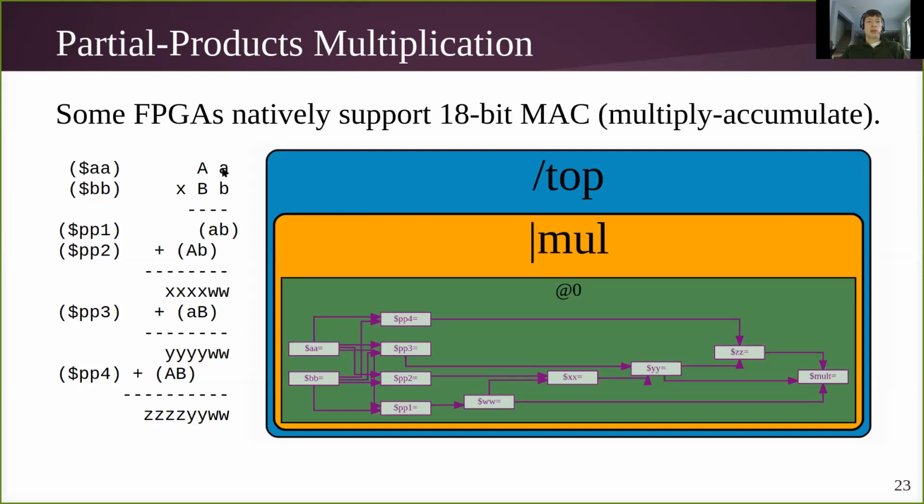And we need to do all permutations of multiplying these two fields. So those permutations are labeled PP1, PP2, PP3, PP4, partial product. And we need to multiply them and add them together.